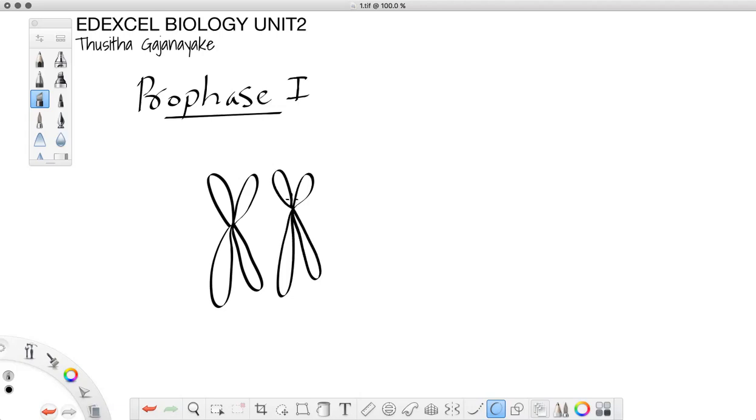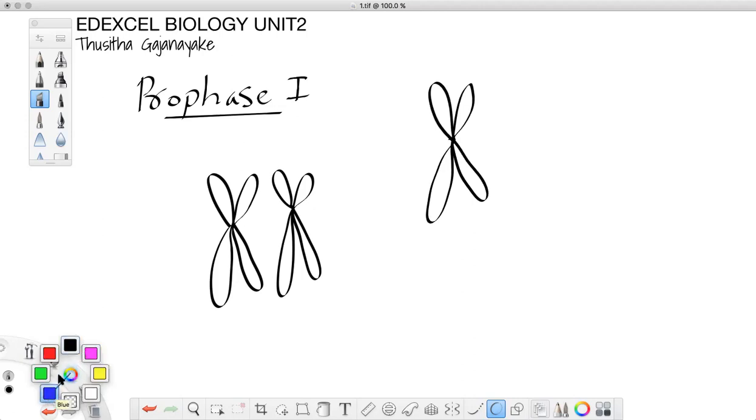Now what's going to happen is that these homologous chromosomes get closer and closer, and then at one point they overlap. So I can draw one overlap like this. I'll use a different color for the next one.